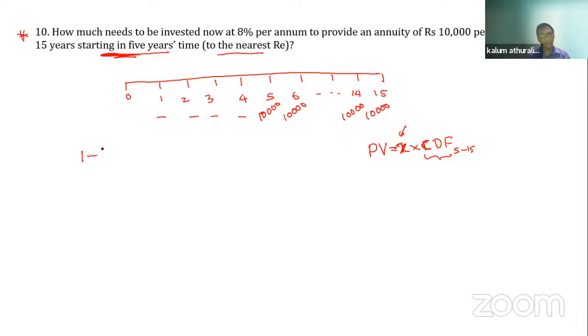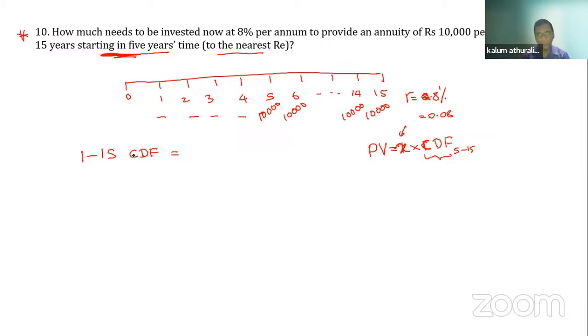First you find the 1 to 15 CDF using the table. First you identify what R is. R should be 8%, or 0.08.